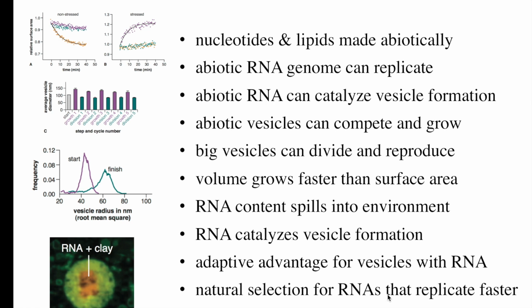The RNAs that replicate faster, we showed you how artificial selection can generate RNAs that replicate faster, so we know that it's possible that selection can produce RNAs that replicate faster.